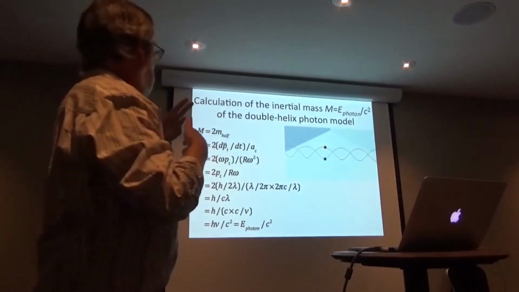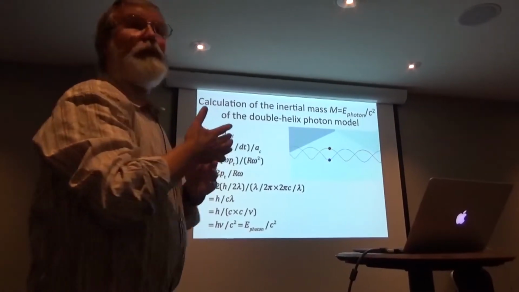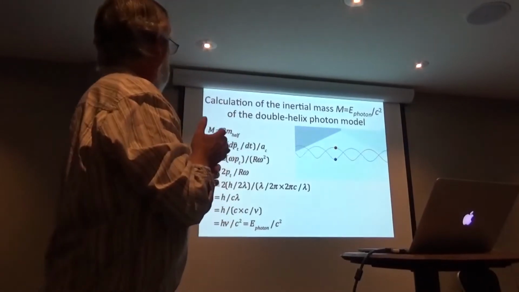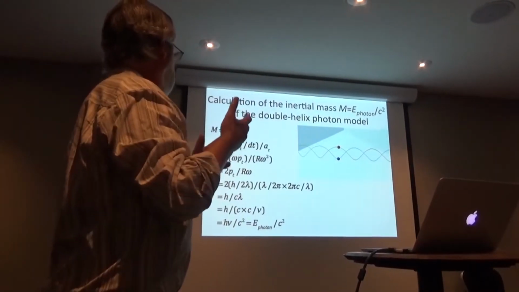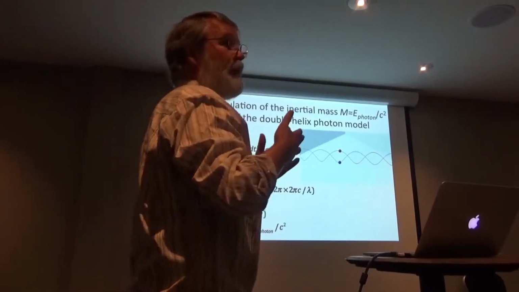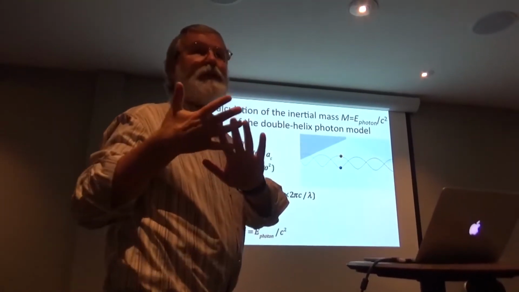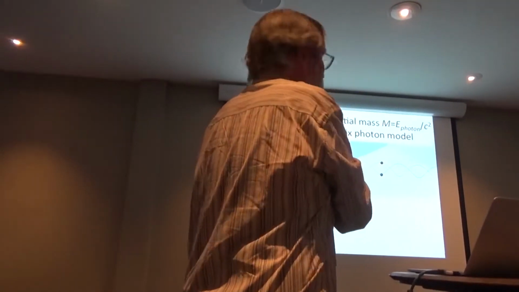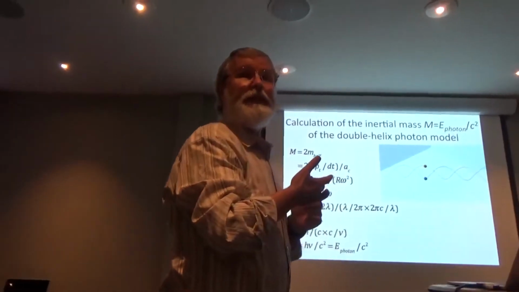So it's another way to show that the inertial mass, I'm not talking about the invariant mass, but the inertial mass of a photon is the energy of the photon divided by c squared. And other different derivations have shown this also. I think it's kind of accepted that a photon does have that inertial mass.